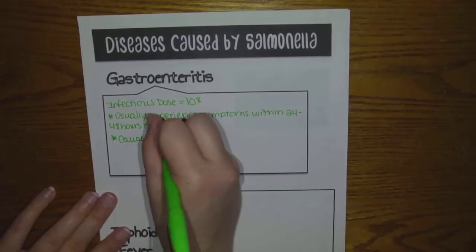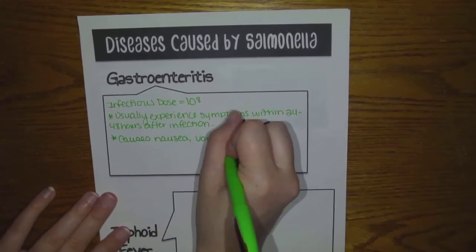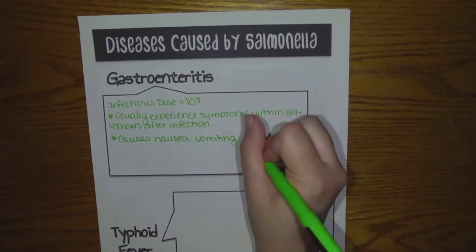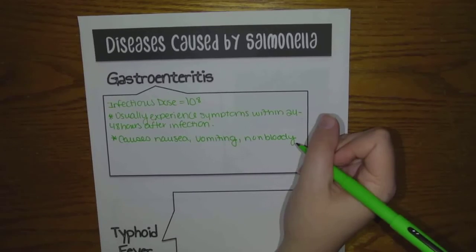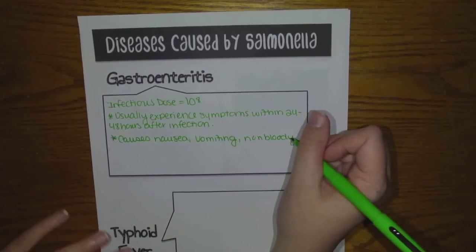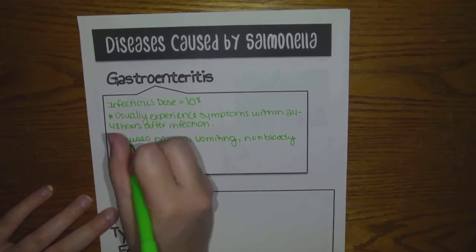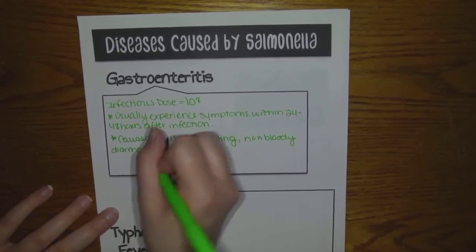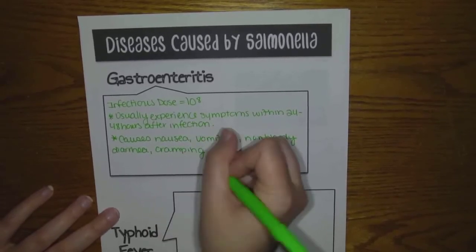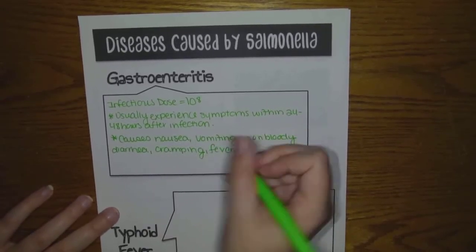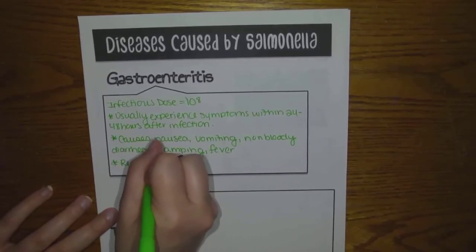So this is going to cause nausea, vomiting, non-bloody stool. Remember, your bloody stool is going to be your Shiga toxin. Cramping, and a possible fever. Usually this is going to go away within a week.